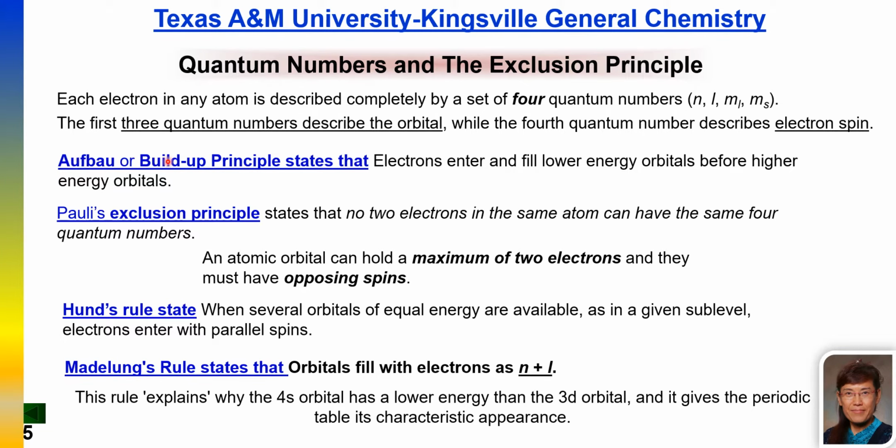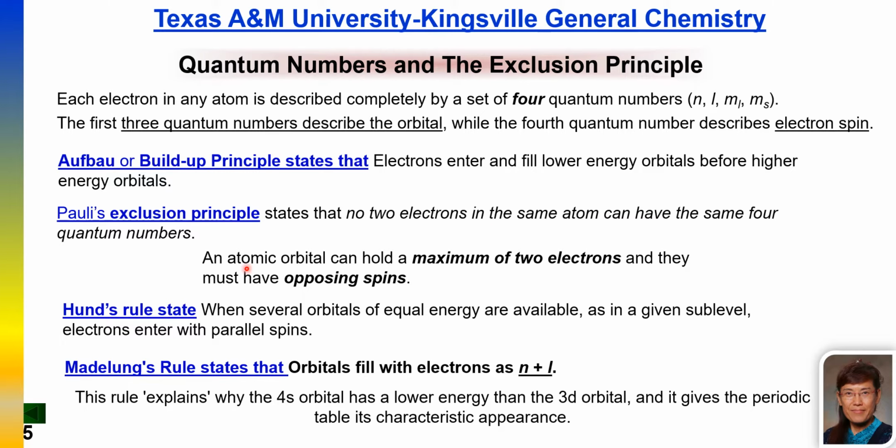The Aufbau principle, also called the build-up principle, states that electrons enter and fill lower energy orbitals before higher energy orbitals. Pauli exclusion principle states no 2 electrons in the same atom can have the same 4 quantum numbers.